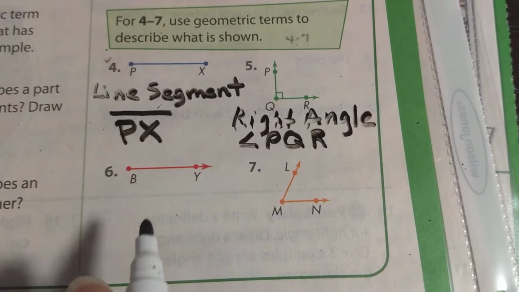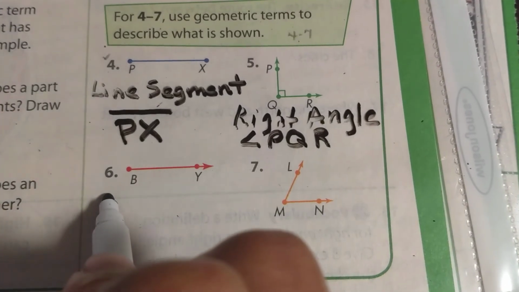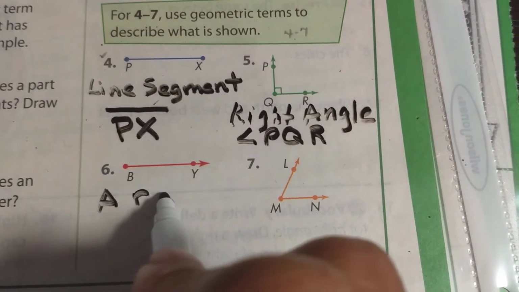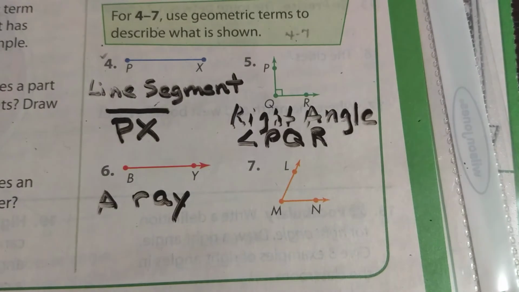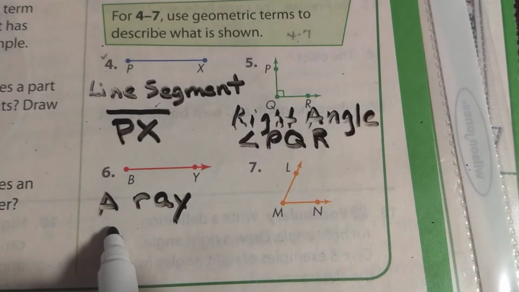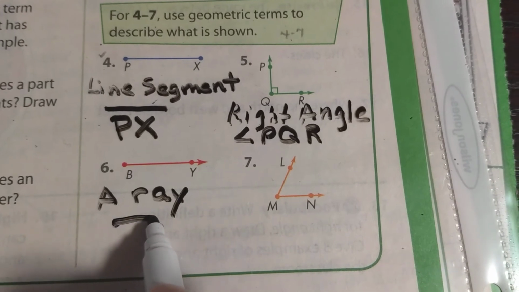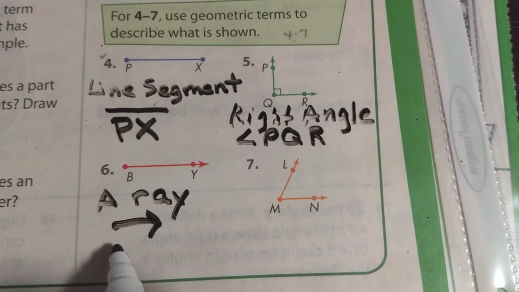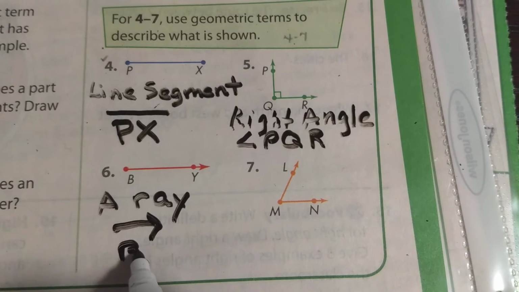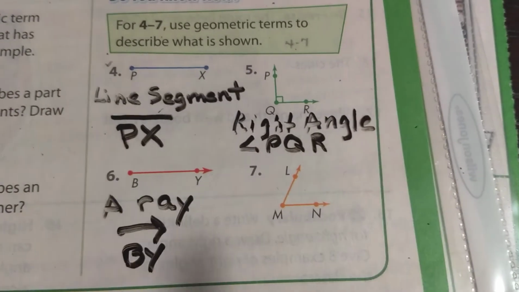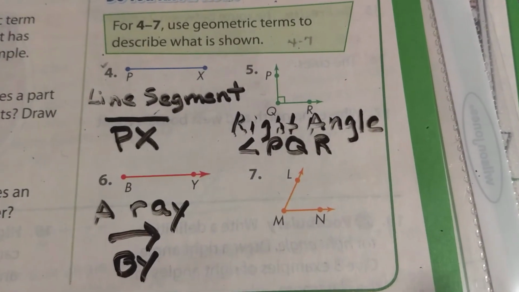So that means it's called a ray. This is a ray, right? So ray what? If I'm doing a ray, remember I have to do the arrow, and then I have to put what? B, Y. Ray BY.